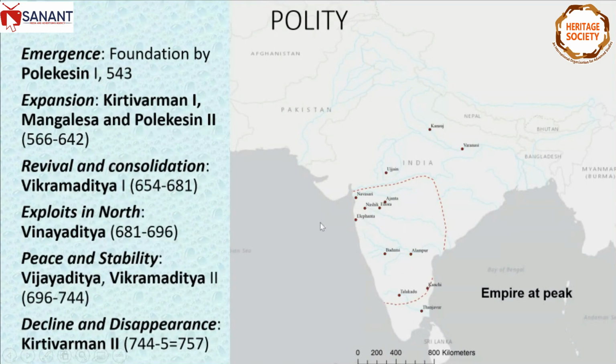After his reign, we have a very long reign of Vijayaditya from 696 to 734. It was a period of peace and stability.